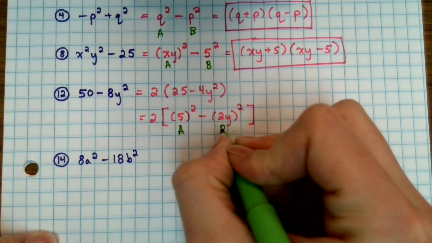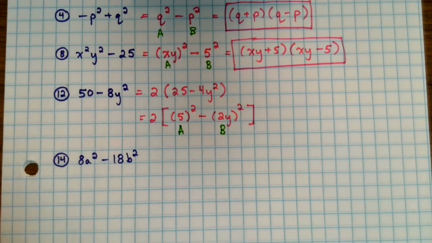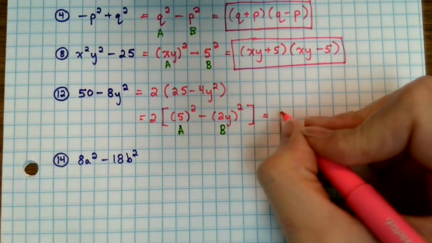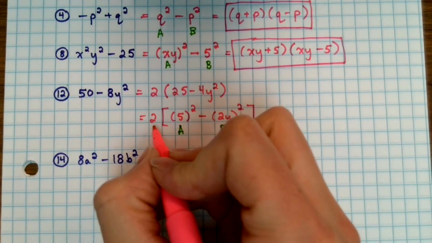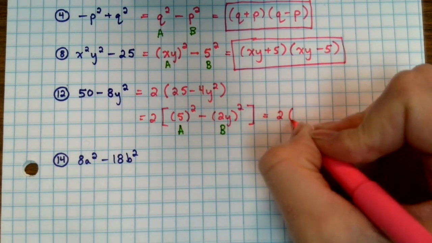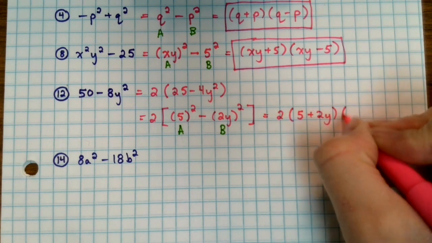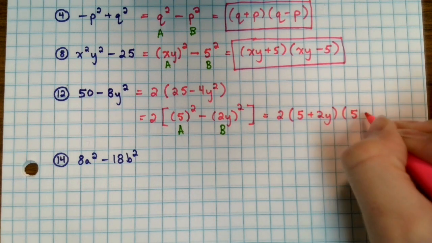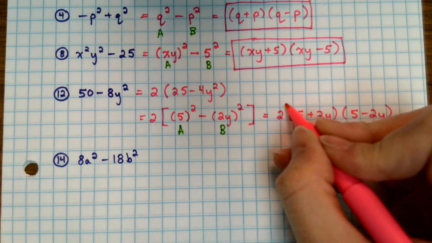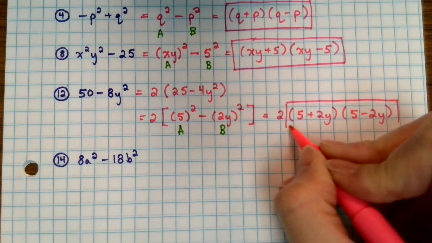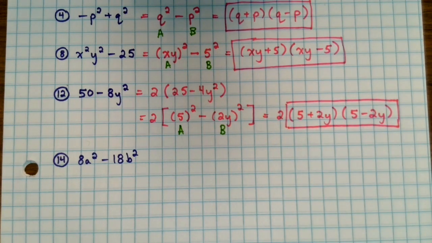So a is going to be 5, b is 2y, and so this is going to be 2, because we still have the 2 out front of this whole quantity. And then it's going to be a plus b, so 5 plus 2y, times a minus b, so 5 minus 2y. And that would be it for that question.